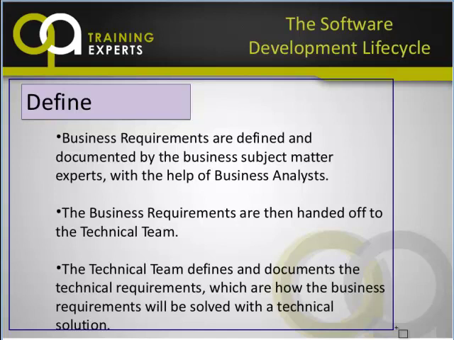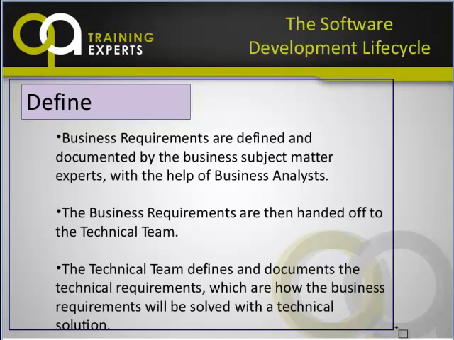Someone will read out the technical requirement, and the business is going to learn up front, before the application is designed, before the application is built, what the technical team thinks or how they think they're going to solve it. Because who knows, the business might say, well, you know what, we don't like that. We don't want it between 6 and 13. We want it to be between 6 and 30.